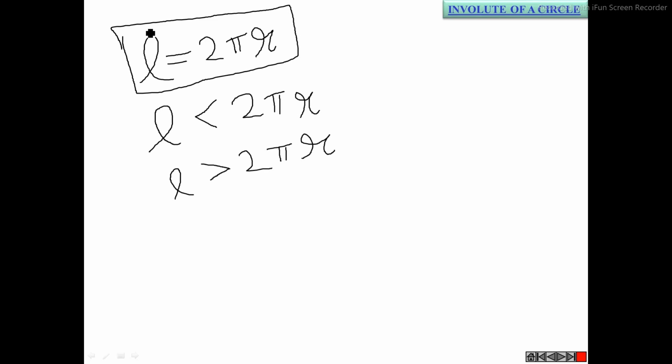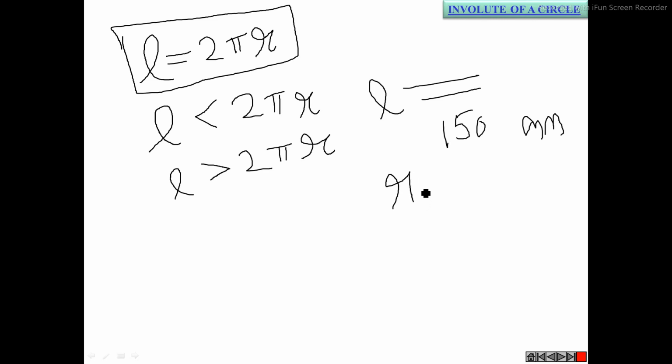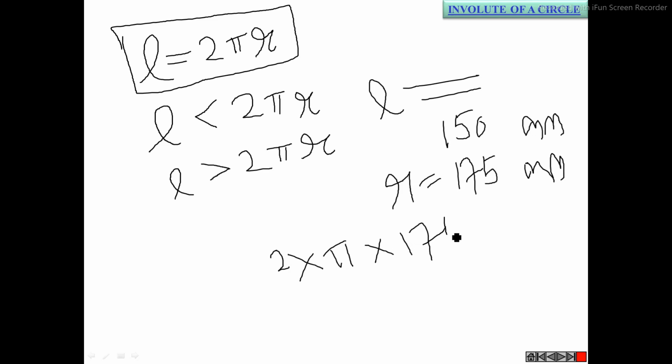Or they may give you, say, the length of the thread which is unwrapped on the circle is 150 millimeter. But the radius of the circle is, say, 175 mm. Then you need to calculate the circumferential length. It will be 2 into pi into 175.